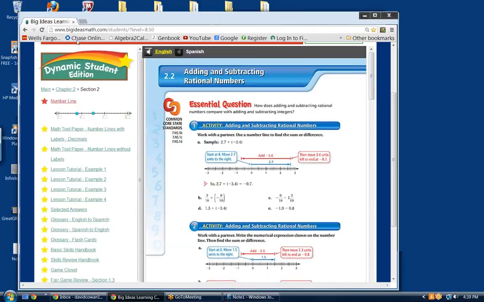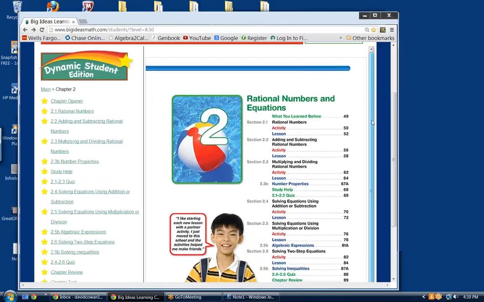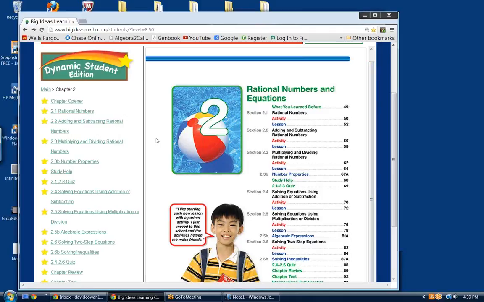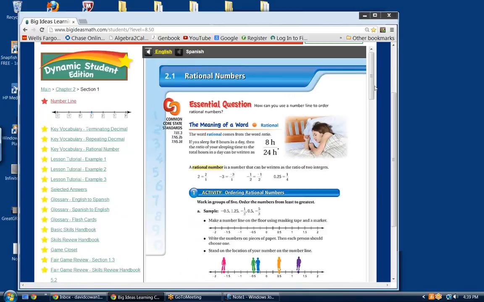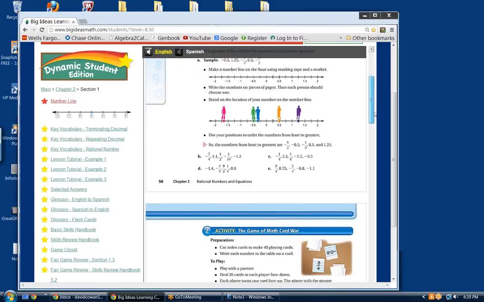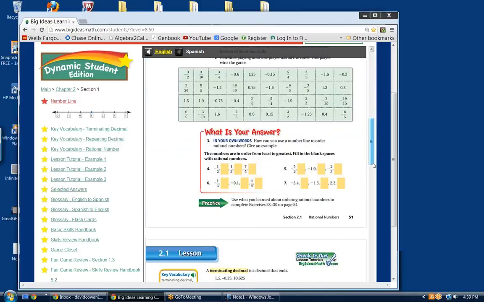Whoops, I went too far here. Yep. And all the pages are right there. We want section 2.1. Okay. Yep. Okay, do we have some exercises here that we're going to work with?